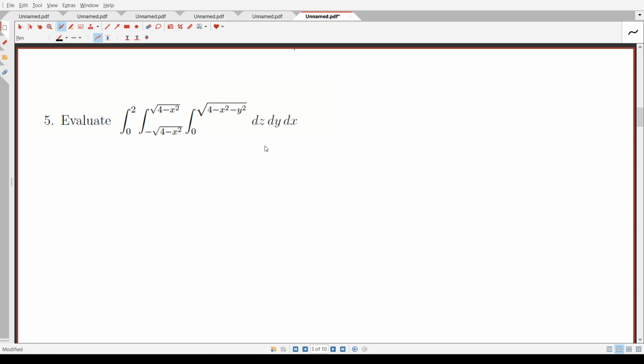Okay, so dz dy dx. So should I convert this to spherical or polar? Oh, sorry, spherical or cylindrical?